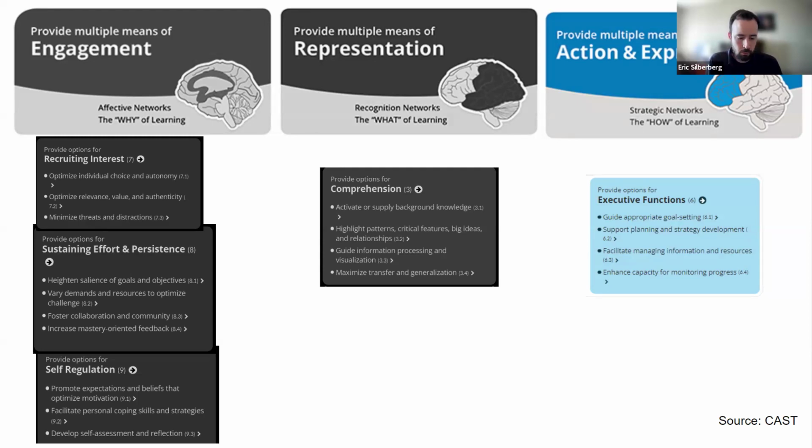As well as what's most important, what Jennifer will cover more, is also providing, in terms of executive functioning, an opportunity again for students to reflect on process. What have been the steps so far? As you can see underneath executive functioning on the screen, the ability to enhance capacity for monitoring progress. So building into the lesson a focus on how to monitor progress throughout a lesson.